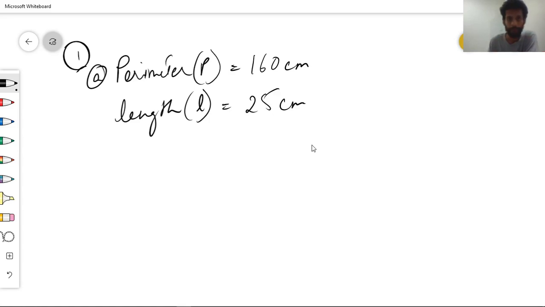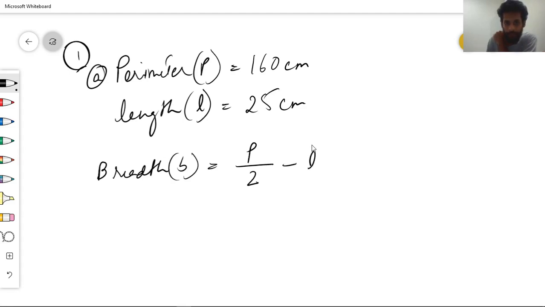Okay, now we had 4 formulas. Now what we need to find? We need to find breadth, and what is given? Perimeter. Okay, so we will be using this first formula that I have given you. Now breadth B is equal to P by 2 minus L. This was the formula, so I will just put the values. 160 by 2 minus 25.